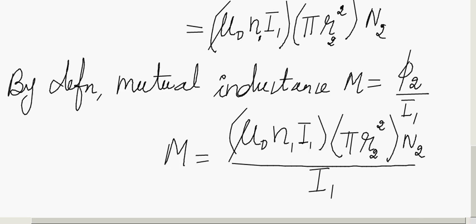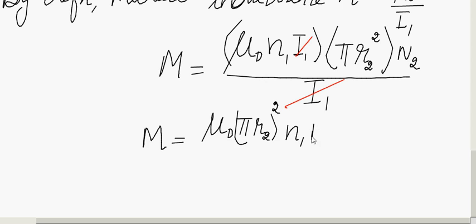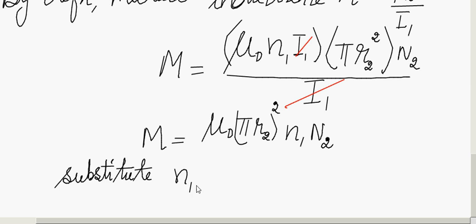So this I1 will get cancelled. So we have the equation for M as M is equal to mu naught into pi R2 square into n1 N2, or we can substitute small n1 is equal to N1 by L.